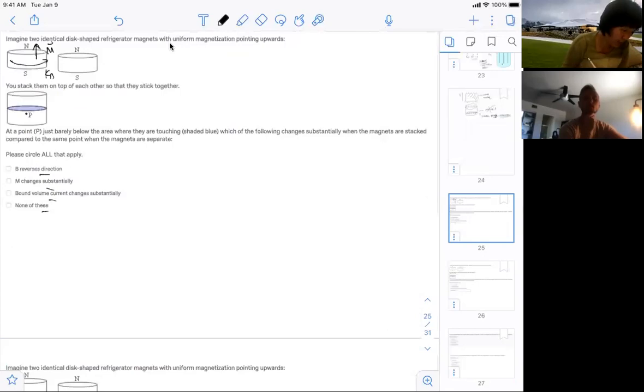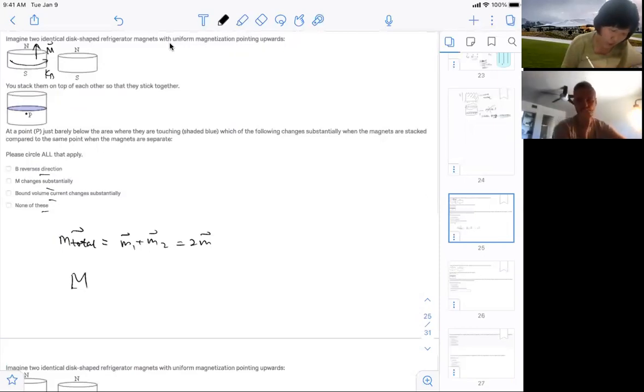If I'm looking at the total little dipole moment, you can see that by stacking these two together in the same direction, you have double the dipole moment. But if you look at the magnetization, which is an intrinsic quantity, just like density, it's the sum of m over volume.